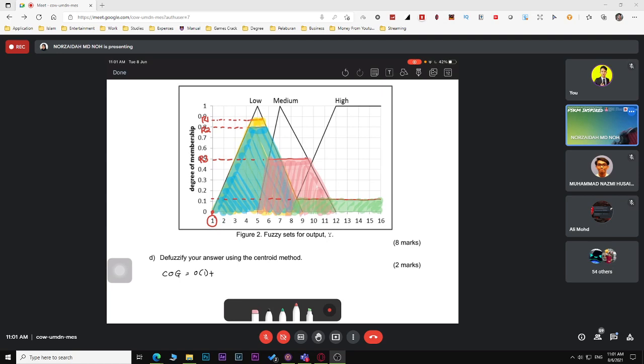Dan dekat 2, dekat sini, 0.25. Betul lah tu. Okay, for 2 is 0.25 darab dengan 2, plus 3, 0.5, eh? Plus 4, 0.75. Betul?